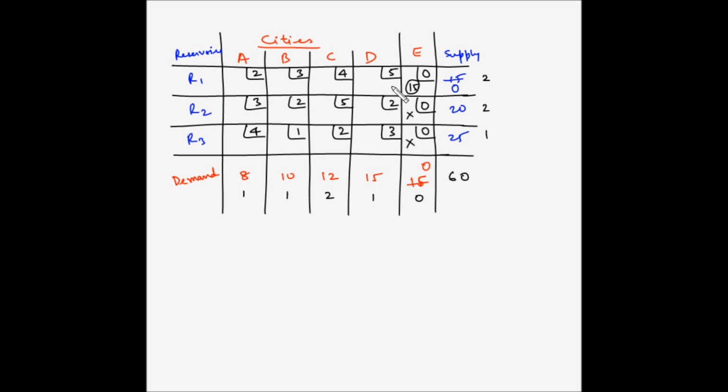Also, the entire supply capacity at R1 has been exhausted. So let's cross off the remaining boxes for R1, indicating that they are no longer available for any further allocation.